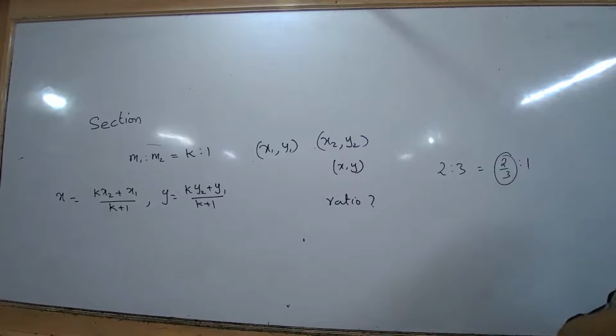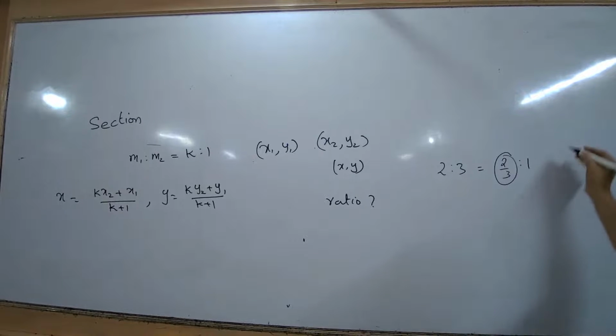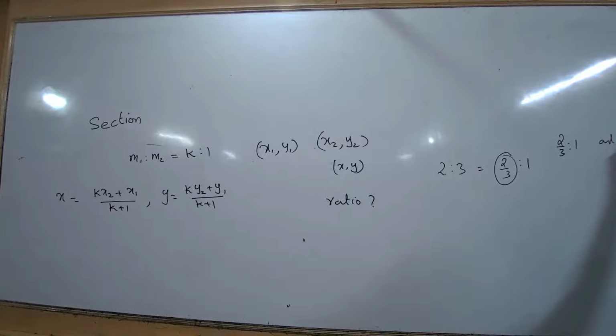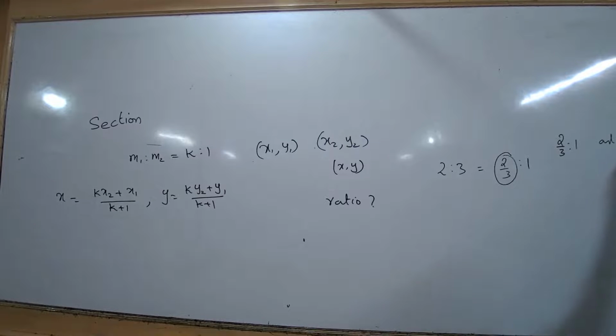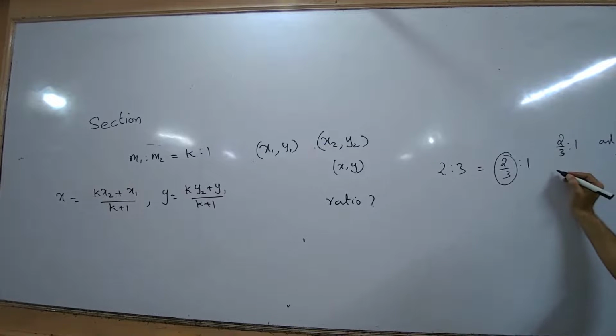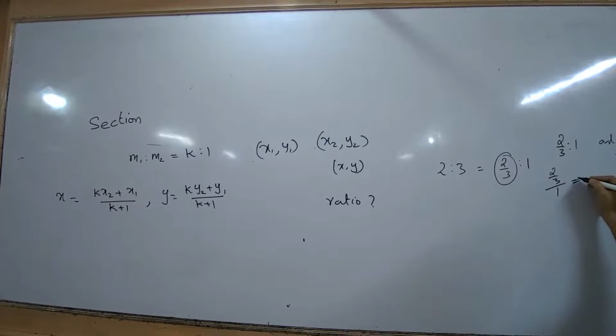Is 2 by 3 is to 1 the same as 2 is to 3? No. What is the meaning of 2 is to 3? And what is the meaning of 2 by 3 is to 1? That is 2 by 3 upon 1. Not equal, no?